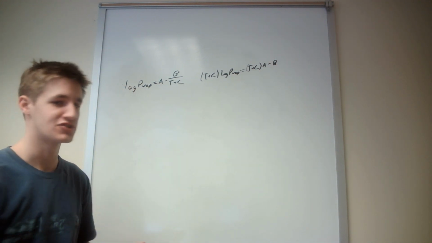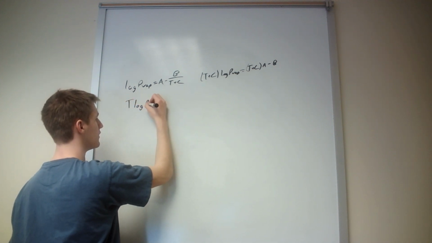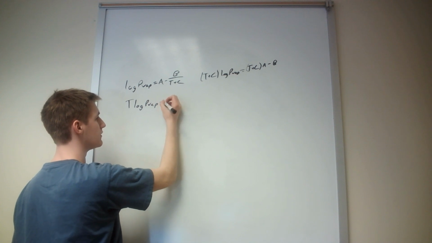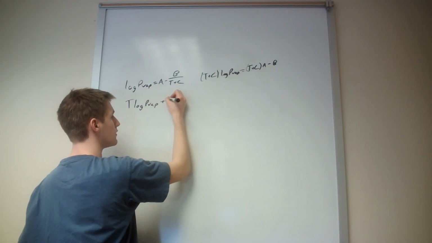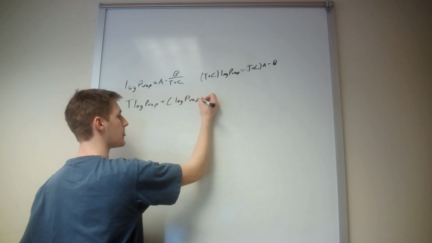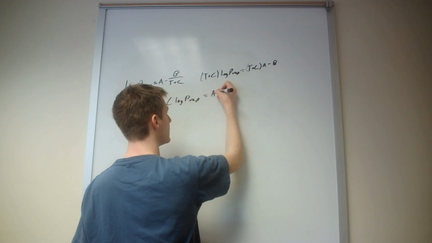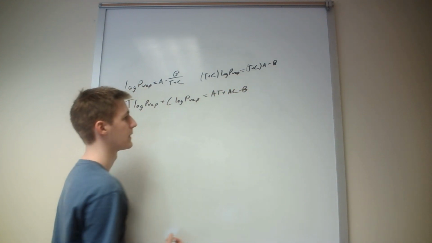So next we can distribute that to T times the log of vapor pressure plus C times the log of vapor pressure equals AT plus AC minus B.